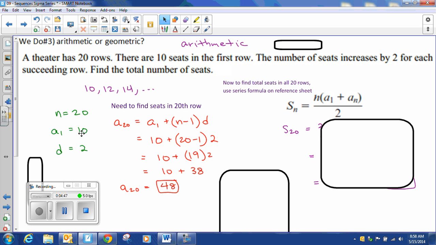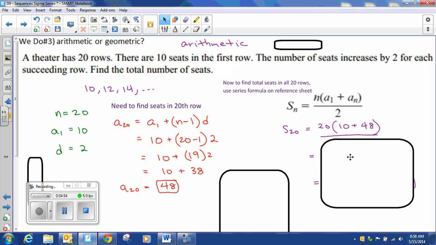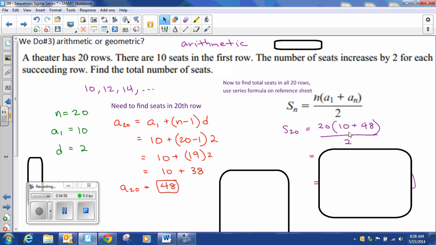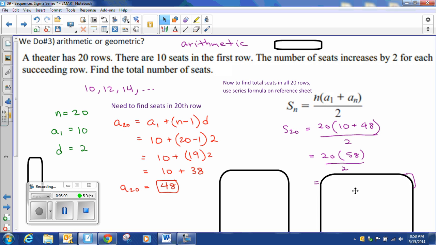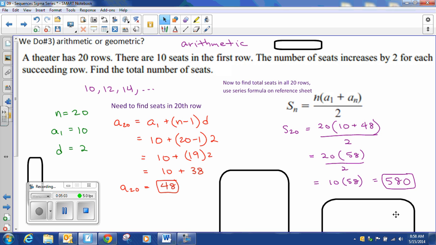Now that we have the first and the last, we can plug those into the series formula, and we end up with 20 times (10 plus 48), all divided by 2. The result is 580 seats in the 20-row theater.